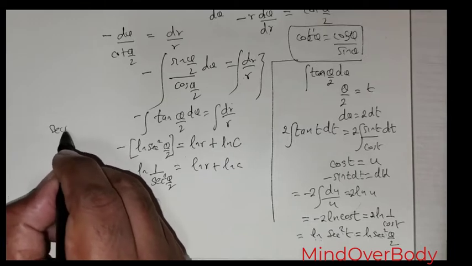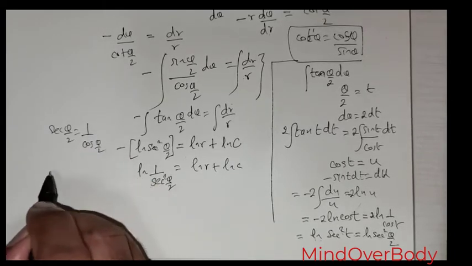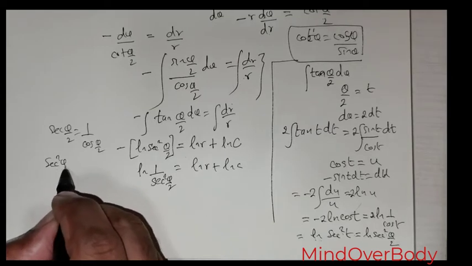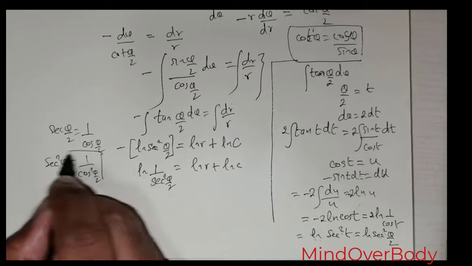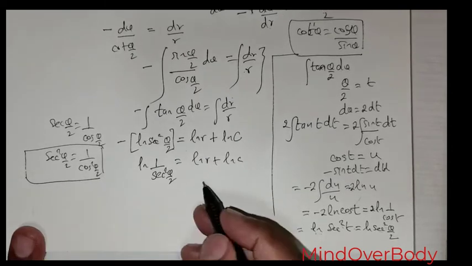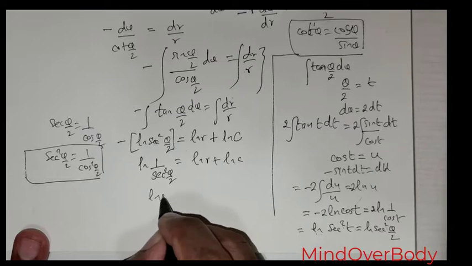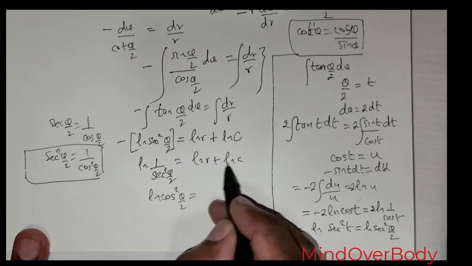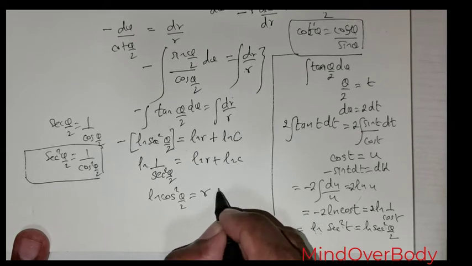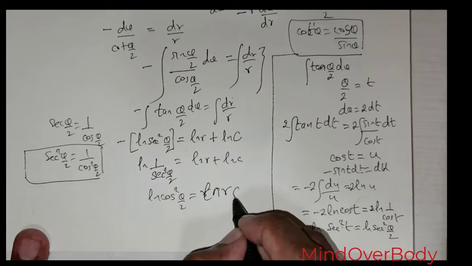But secant theta over 2 is nothing but 1 over cos theta over 2. So therefore secant squared theta over 2 is nothing but 1 over cos squared theta over 2. So if I were to use this, this is 1 over cos squared theta over 2. I can flip it. So I get ln of cos squared theta over 2 is equal to ln r plus ln c, which is ln of r times c.